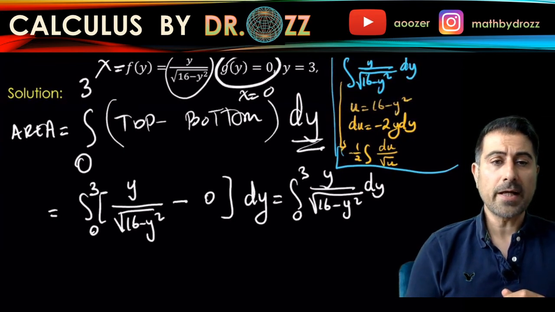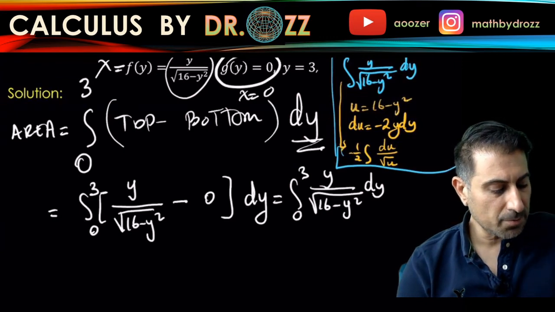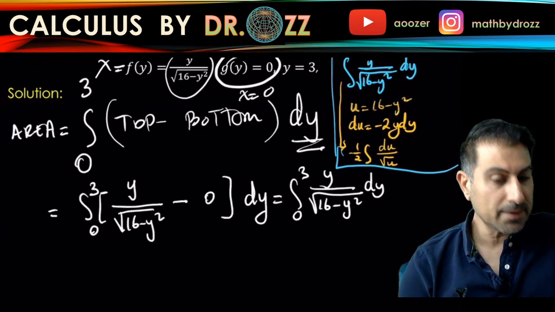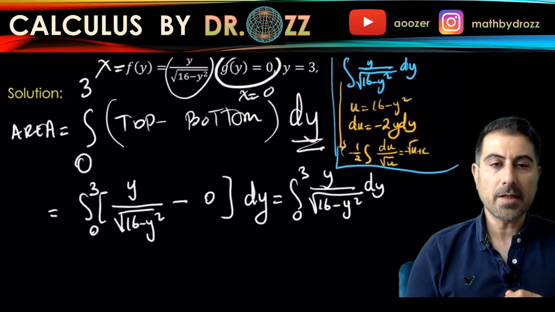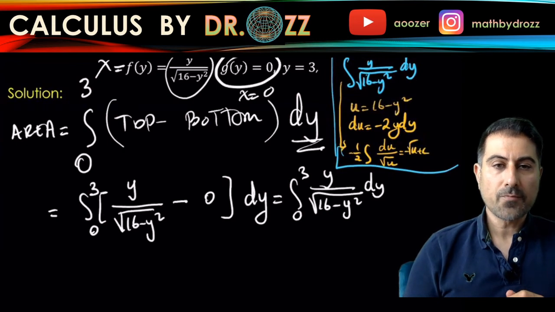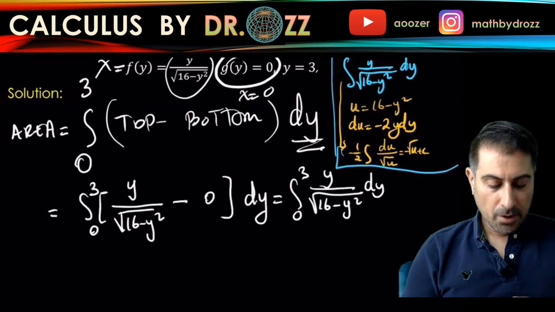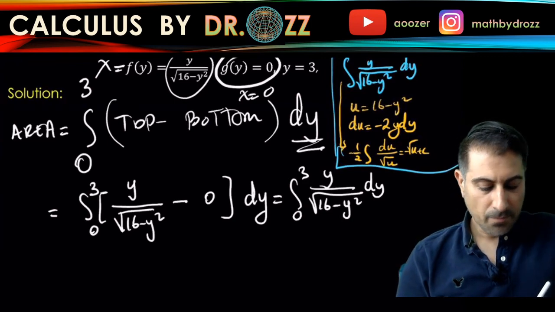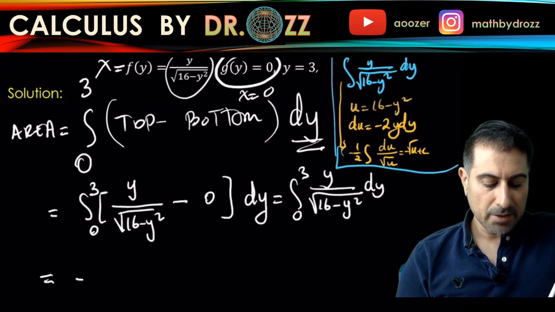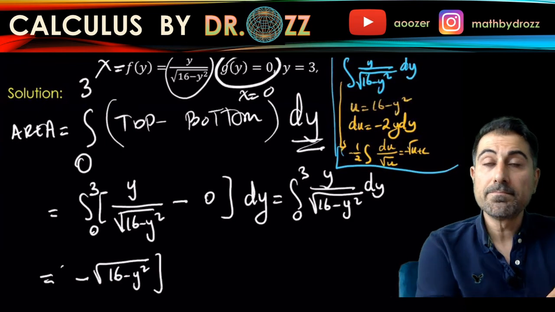So u to the 1/2 divided by 1/2. Those 1/2s cancel out, so this becomes negative radical u plus c. Please have it as a separate problem over there. And you can put the u back over there to get, I'm going to continue from here, negative the square root of 16 minus y squared from 0 to 3.